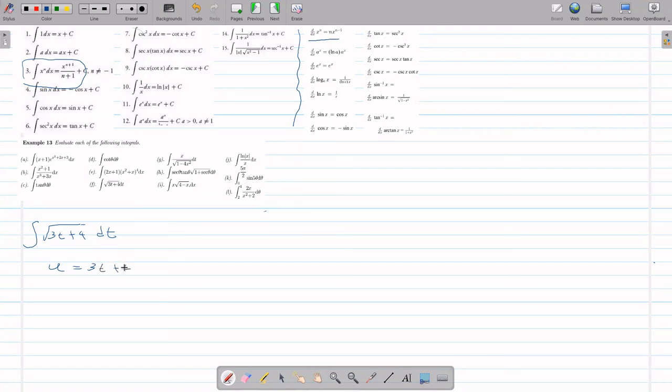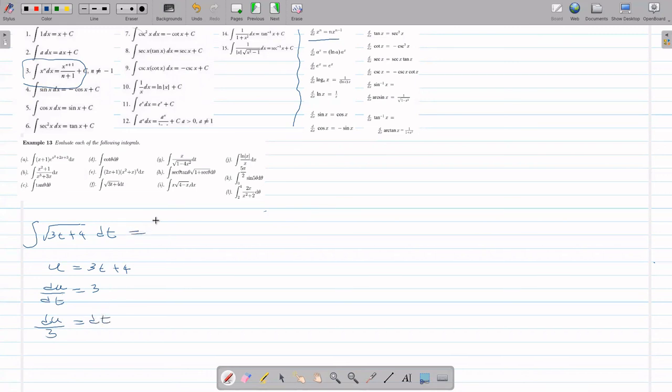Okay. Then du by dt is 3. Here is a constant, so now nothing outside, so no problem, no? The derivative of t is 1, so 3. So I get du over 3 equals dt. Okay.